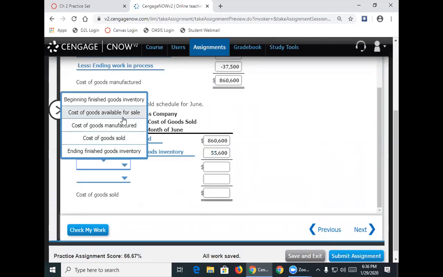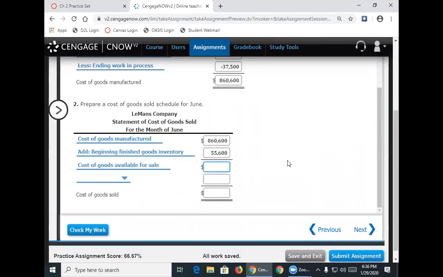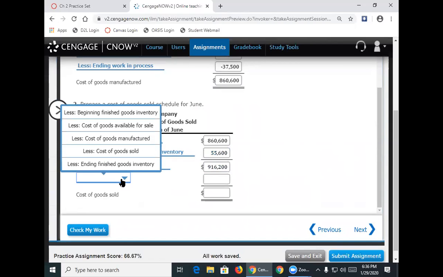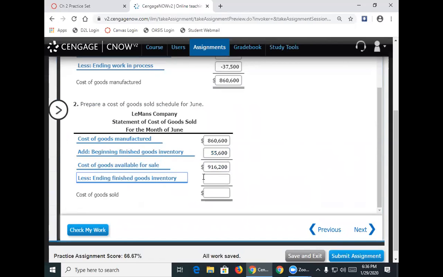I add those two together to get my cost of goods available for sale, which was $916,200. And then I subtract out my ending finished goods inventory of $50,800. Cost of goods sold was $865,400.